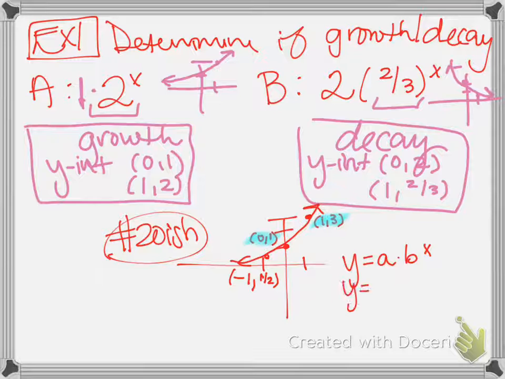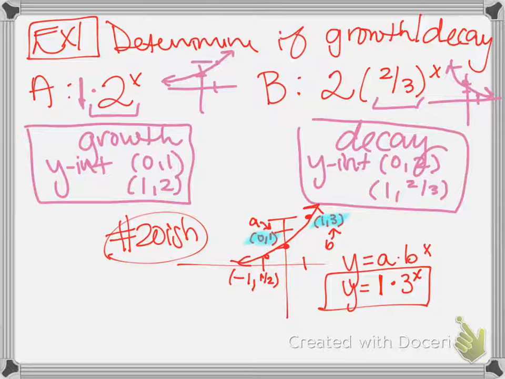Well, remember that a is with the 0, so for this one, it is 1. The next one is b, which is associated with the 1, so in this case, it is 3. All right, then I would finally just add that x to the b, and 1 times 3 to the x power is my answer.